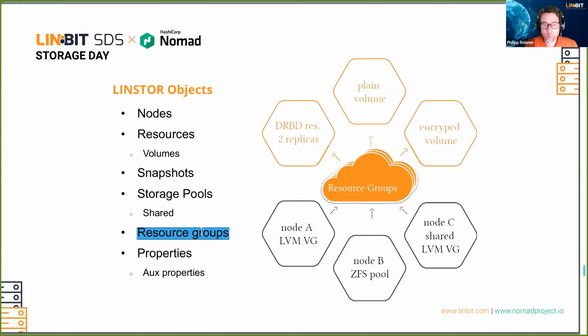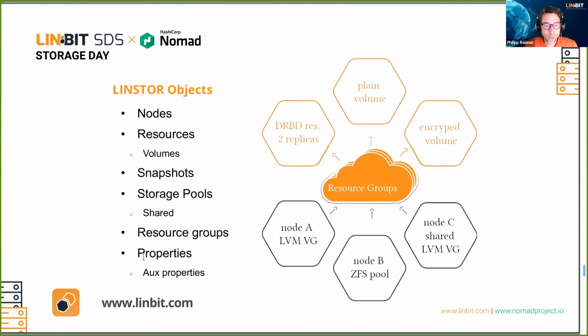A resource group, that's like the central thing. So a resource group is like a policy how your storage volumes are allocated in the cluster and all their properties, like how many replicas do you want, where should the replicas be placed. So all that goes into this resource group. So the resource group, that's really the central thing, as we see here on the illustration.